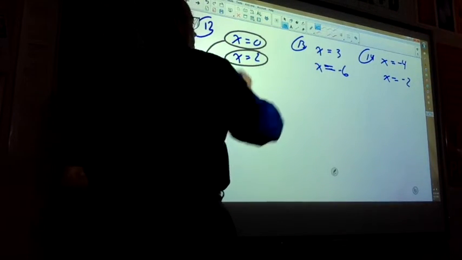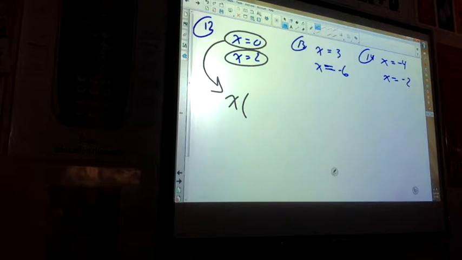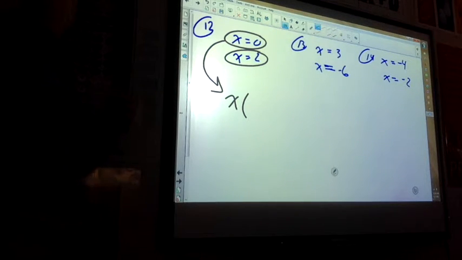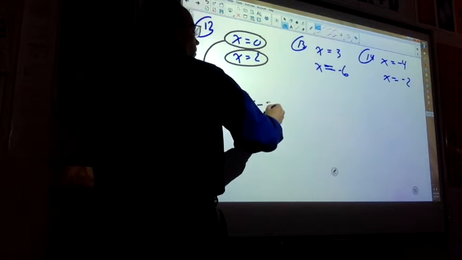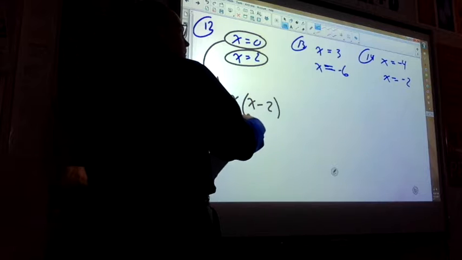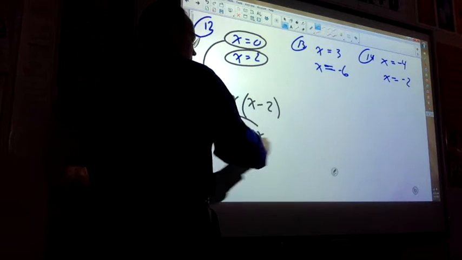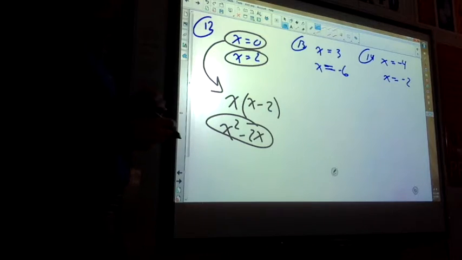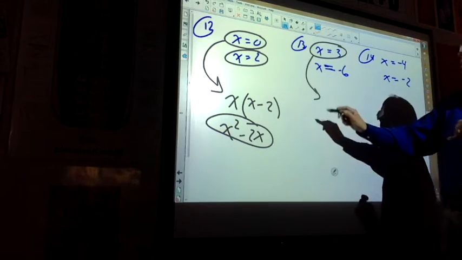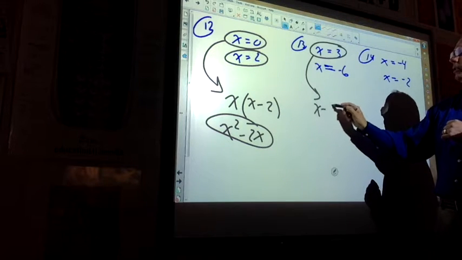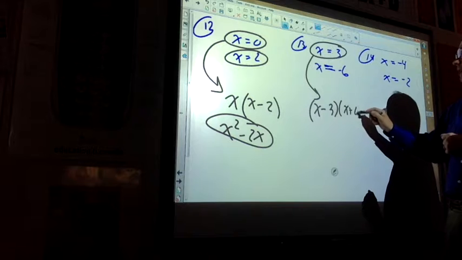And what does this give me? What binomial was that before? X minus 2. Okay? So that's the first part. And then x squared minus 2x is just multiplied out. What binomial does this give? X minus 3 and what? And then x plus 6. Multiply it out.